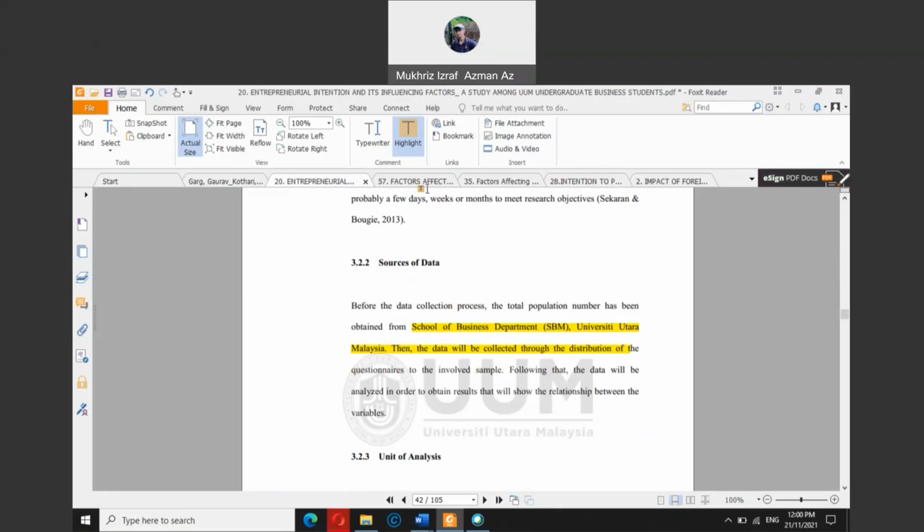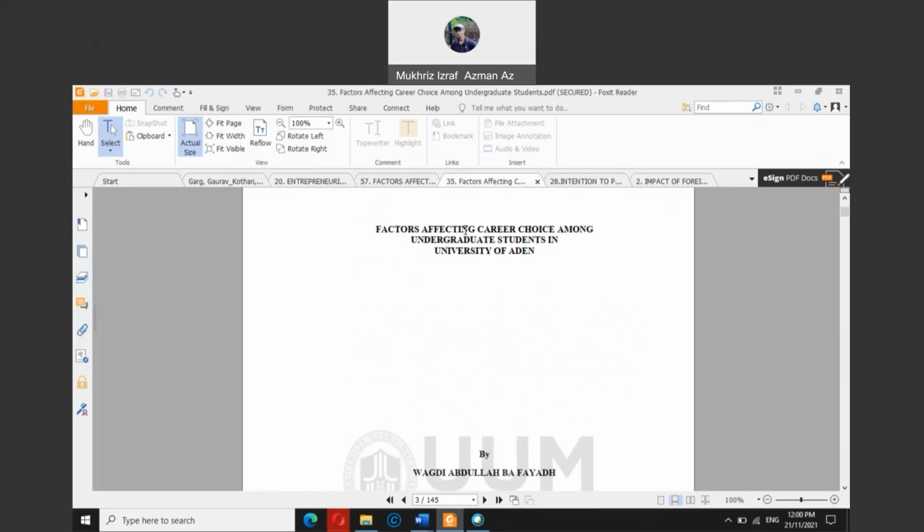For example, for this thesis number 35, it's mentioned clearly here, University of Aden. So all the students of undergraduate, and undergraduate means excluding postgraduate, PhD and masters, are not included. So undergraduate, those are doing bachelor degree. So the study is using the entire students of this Aden University as the population.